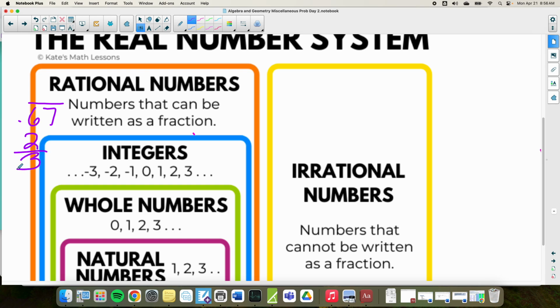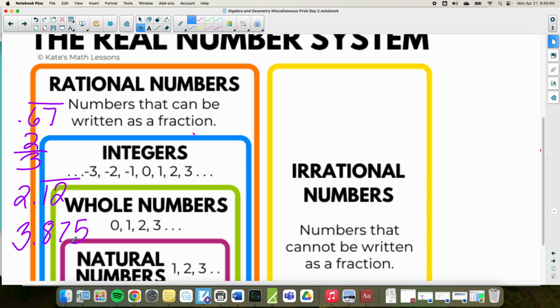If they gave you 2.12 repeating, any repeating decimal can be written as a fraction. If they gave you 3.875, if your decimal stops, it can be written as a fraction.